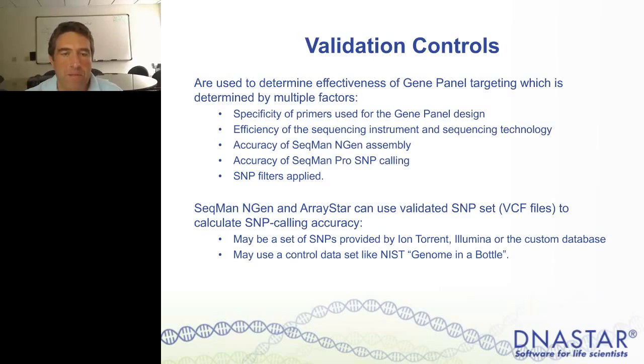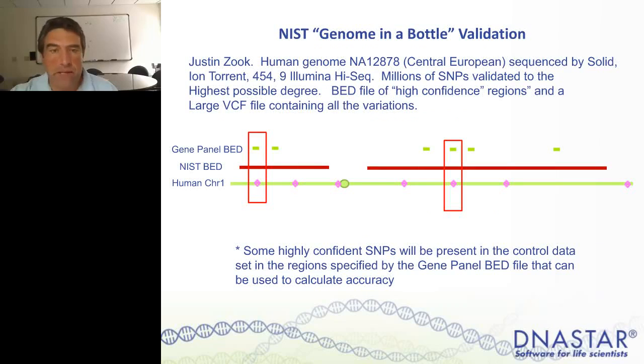We can use the DNASTAR software to validate the entire process, and this is where a control like the NIST Genome in a Bottle is ideal. There are other control data sets. You may get one from Torrent or Illumina. They may have a control, sometimes even using the NA12878 genome. So you probably want to use both and see whether you catch all the SNPs that you should in a particular data set.